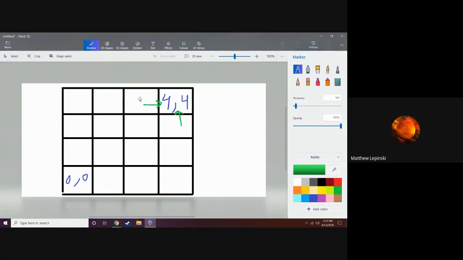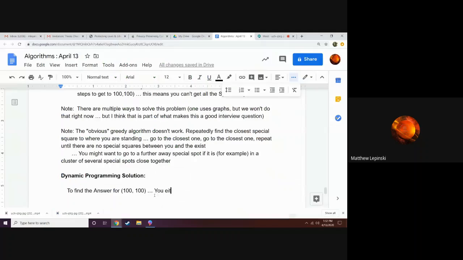So our final solution either goes through 3, 4, or it goes through 4, 3, right? You have to come at this from one of two places. And so you either arrive from 99, 100 or from 100, 99.